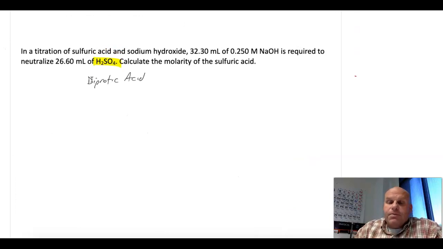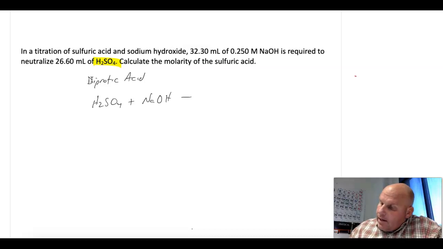I have to handle this problem a little differently because it is not a one-to-one ratio. If I think about what my reaction looks like between my strong acid and strong base, I would produce water again, but this time I'm going to produce a salt that looks like this. And you can see I have some balancing to do.